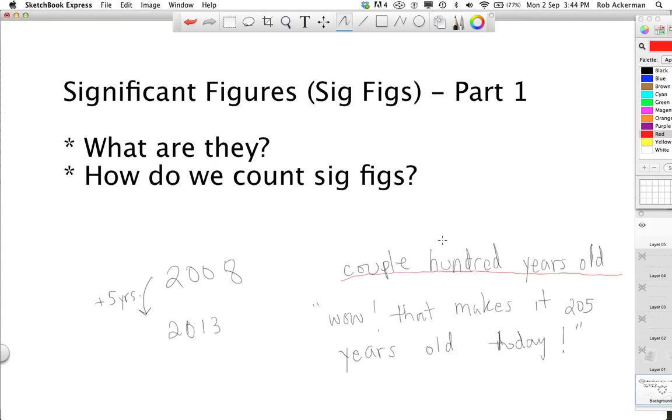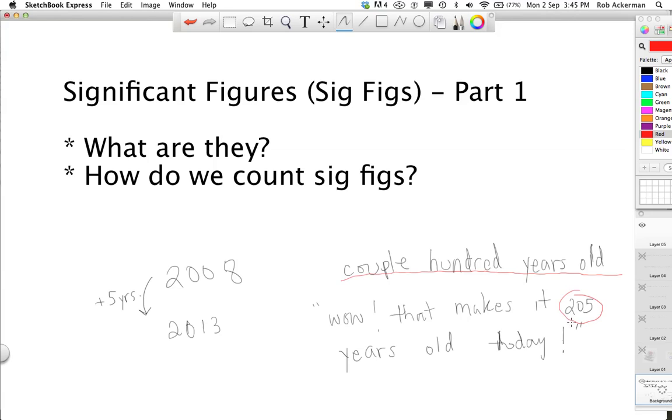So to take an estimate where we're not really sure how precise and accurate it is, and then to add something very well known, like the 5-year difference between 2008 and 2013, and then say something like this, that should strike you as a little odd. Maybe your friend didn't think through carefully enough what the situation was.